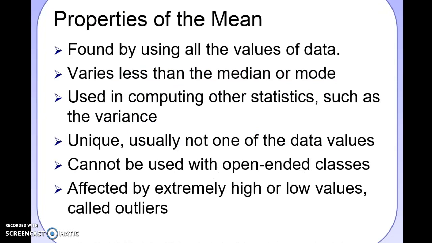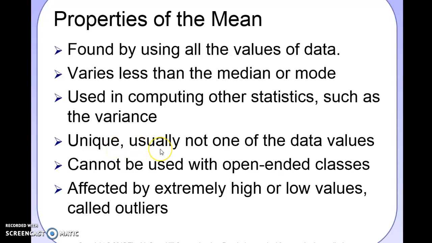Properties of the mean. It is found by using all the values of the data. It varies less than the median or the mode. It's used in computing other statistics such as the variance. It is unique.